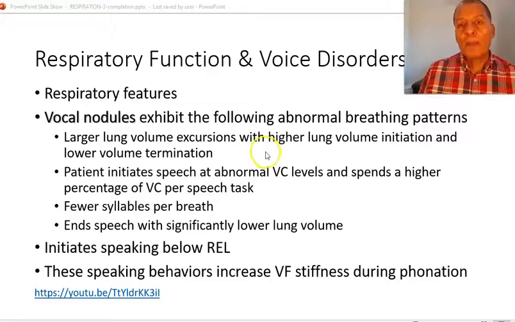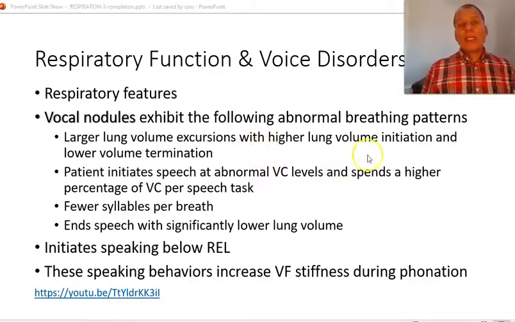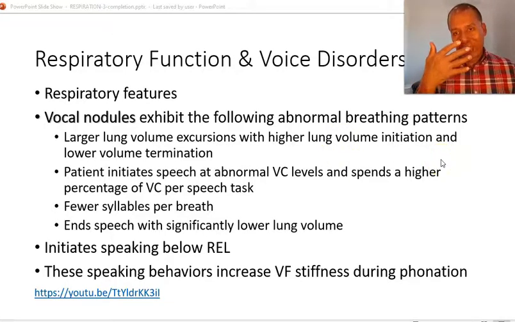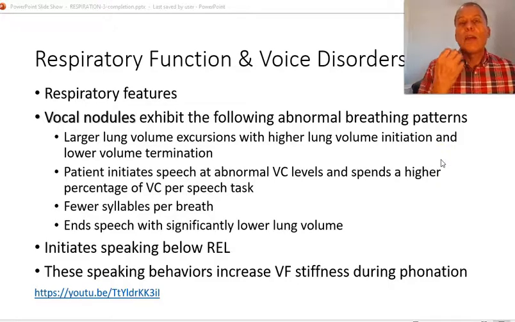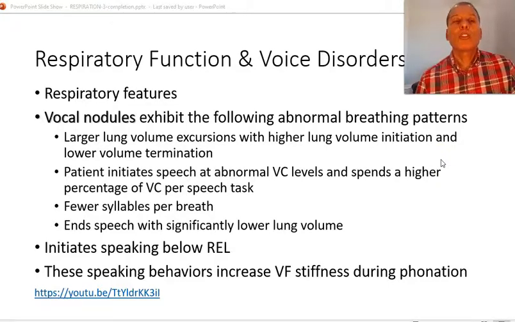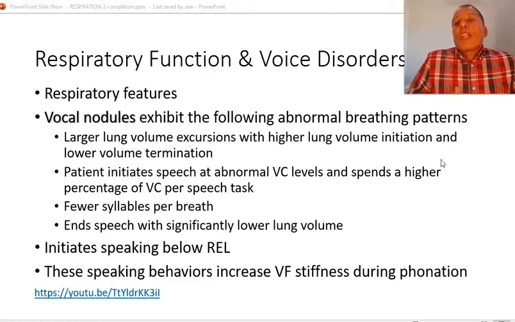And when they begin the inhalation process, they have a higher lung volume, because they know they're going to lose a lot of it when they exhale. So when they stop towards the end of speaking, they have much lower volume, because they put a lot of pressure at the end.